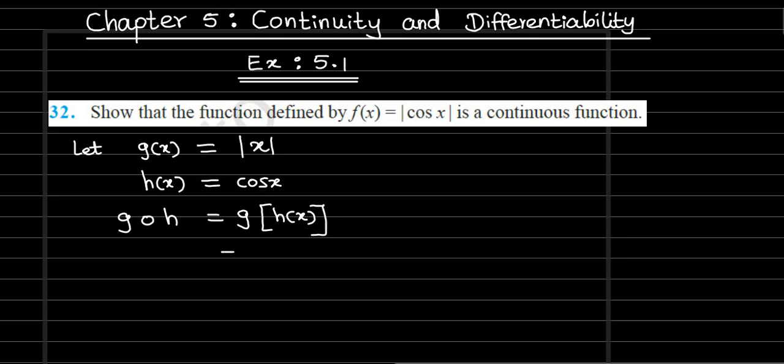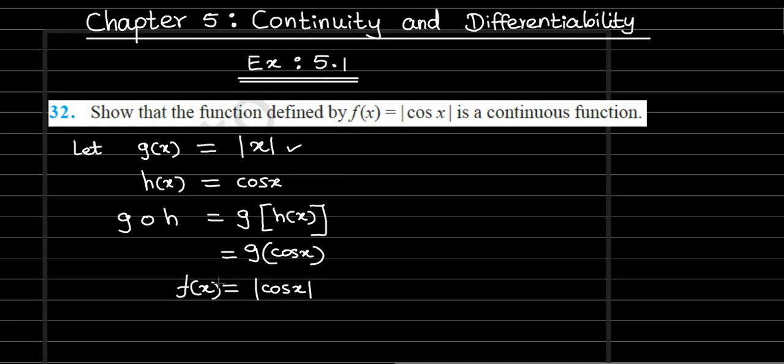What is h(x) here? cos x, so g(cos x). g(x) is modulus of x, so if the input is x, the output is the modulus. Here the input is cos x, so we write modulus of cos x. So modulus of cos x is the combination of g(x) and h(x). This is our f(x).